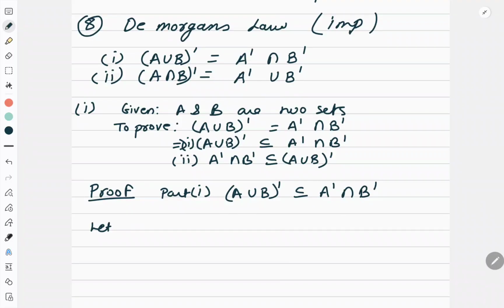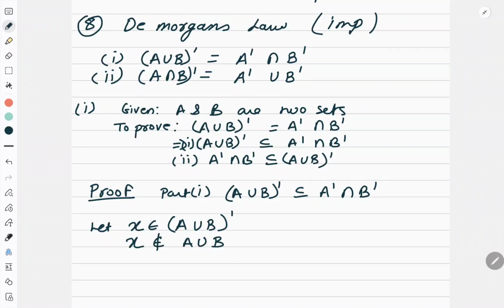So let X belong to A union B complement. The moment I say X belongs to A union B complement, it means X does not belong to A union B. That is the reason it came into the complement. Correct.